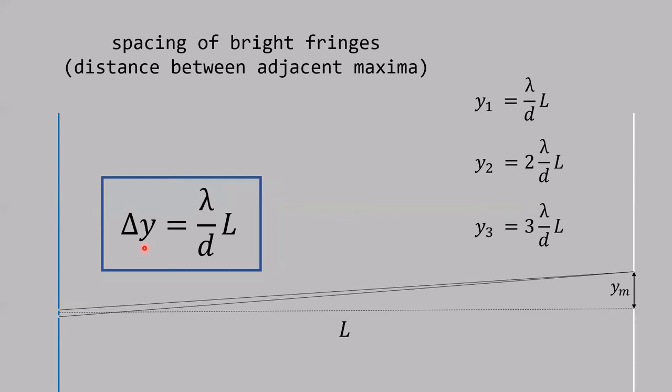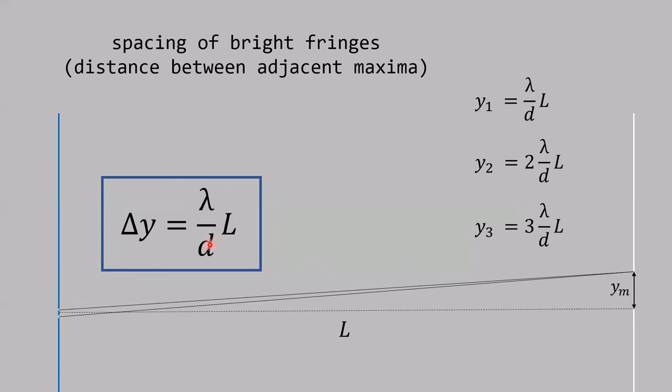And that's also very useful to keep in mind, because in practice, you're probably going to just measure the distance between 2 adjacent fringes in the interference pattern. So you would plug in delta y, and you could solve for lambda. As long as you know the distance between your screen and your source, that's easy.